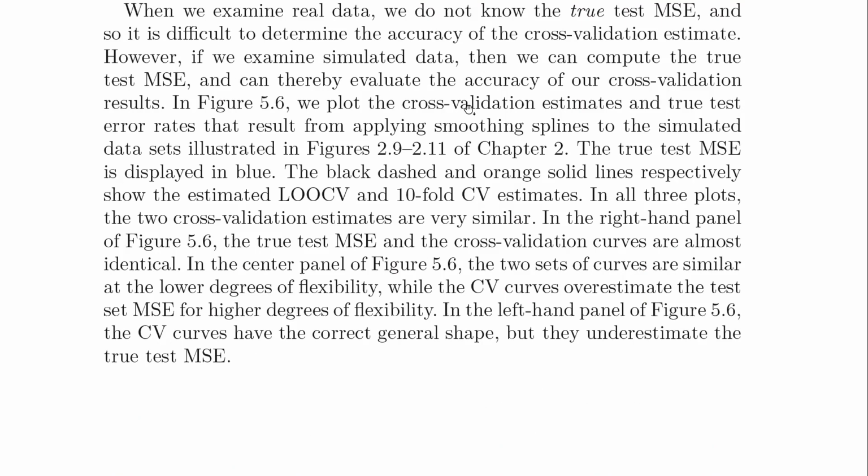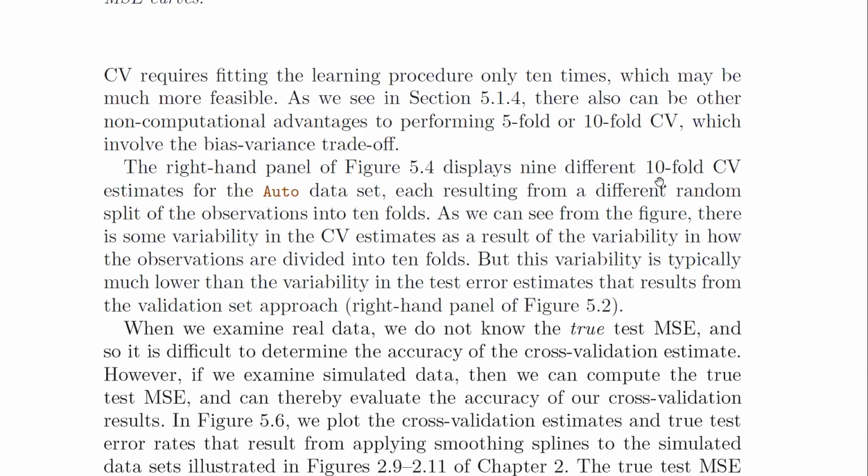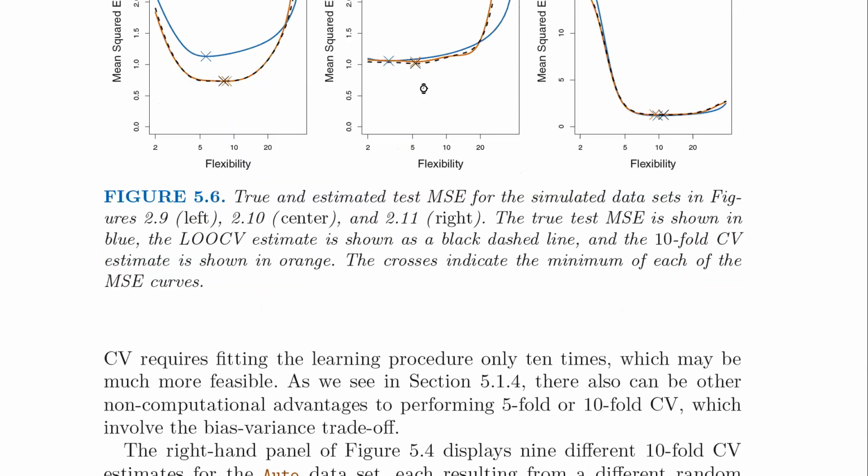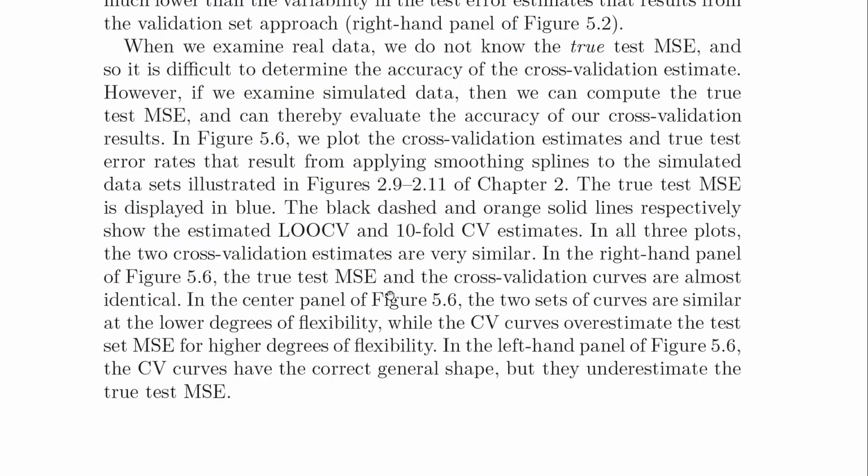In figure 5.6, in all three plots, the two cross-validation estimates are very similar, the orange and the black dotted line. In the right-hand panel, the true MSE and the cross-validation curves are almost identical.